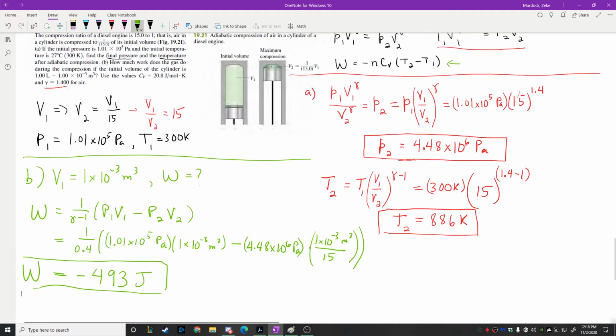There we go. What does it mean that it is negative? Why is the work negative? I would say that the force is opposing the direction of motion. The direction of motion of the piston?